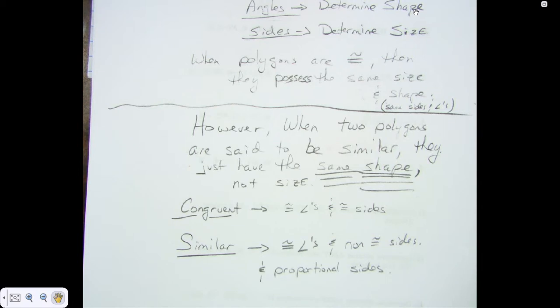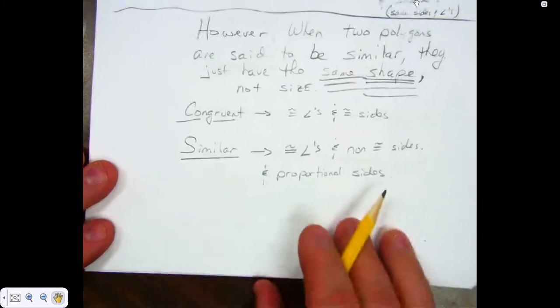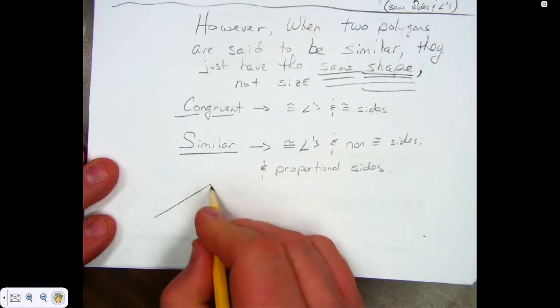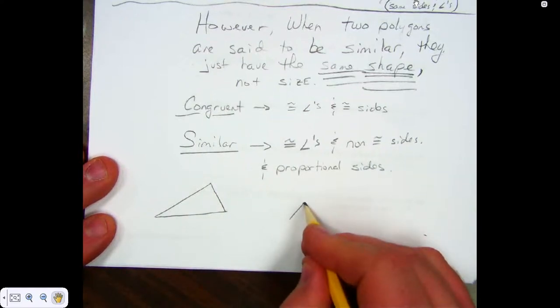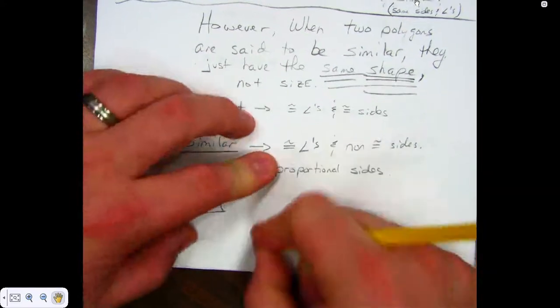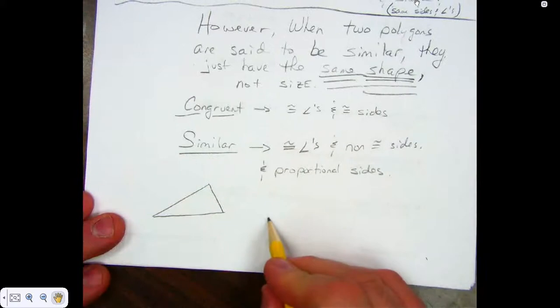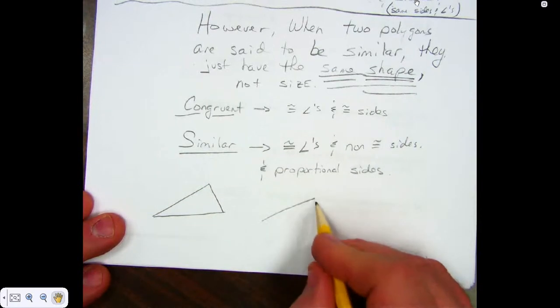So if one side was 10 on something similar to it, if it was half smaller, what would it be? 5. The length of one copy of it would be 5. To make an example of that, we could draw two triangles. Triangles are kind of the easiest to draw, and I'm going to try to draw one that looks about the same, except just smaller.